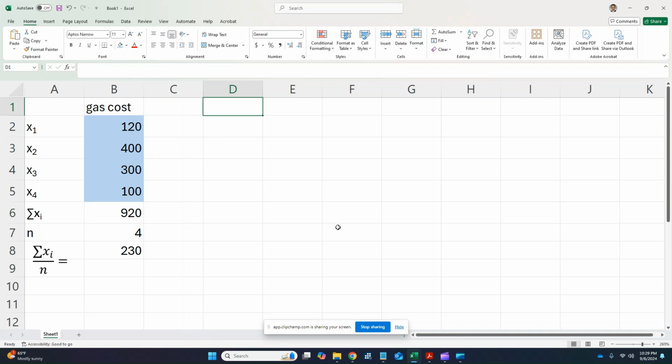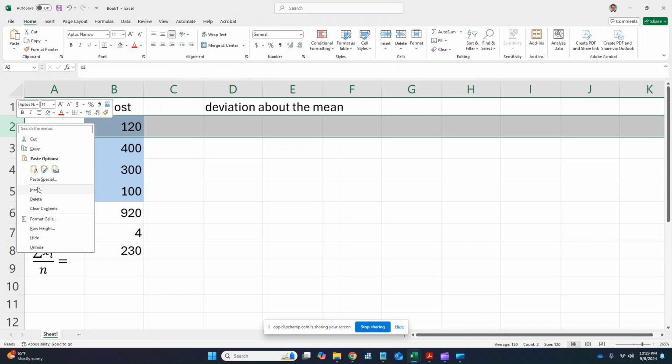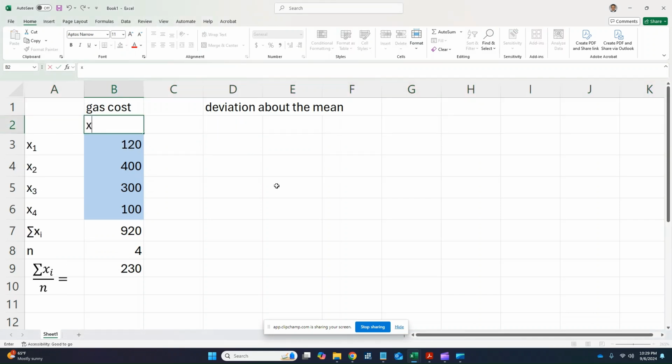So for that, let's calculate the deviation about the mean. This is xi, and the deviation about the mean is xi minus x bar. And what is the x bar?